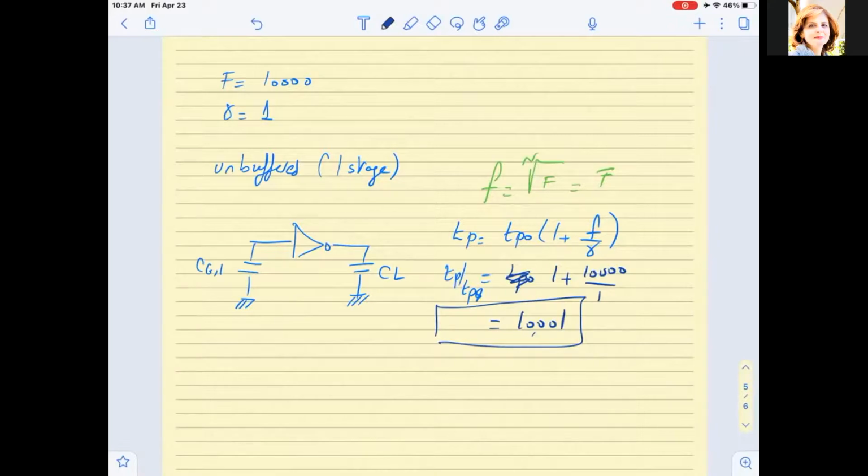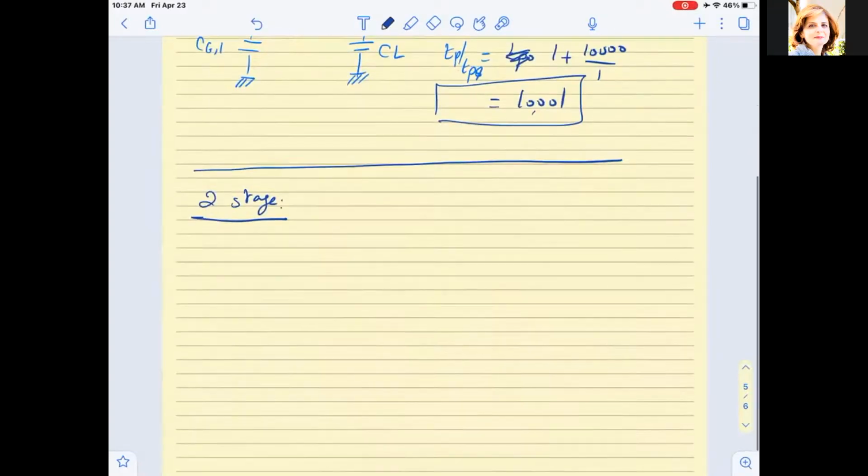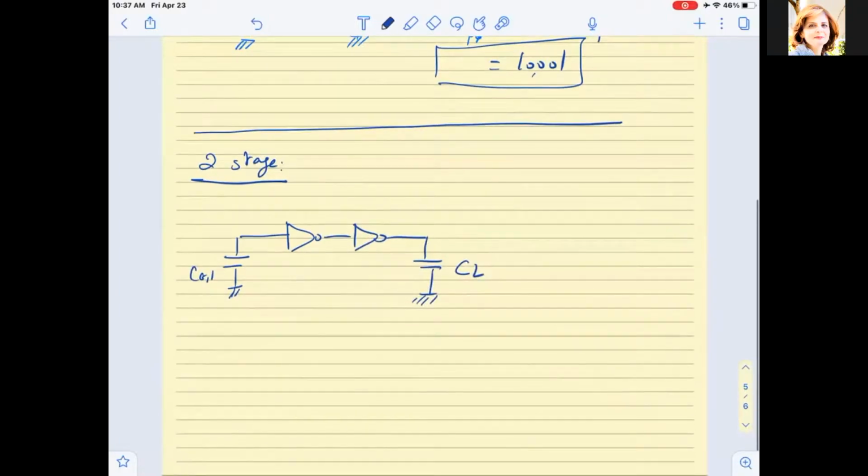Now let's look at the two-stage case. If I have two stages now, what would happen? Let us see. Now I have two stages, and in this two-stage chain I will have my primary inverter that has CG1. It is driving another inverter that is driving the load. n is given to be equal to 2.